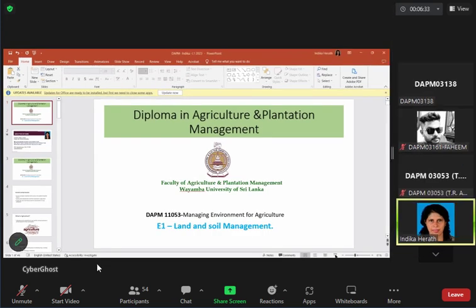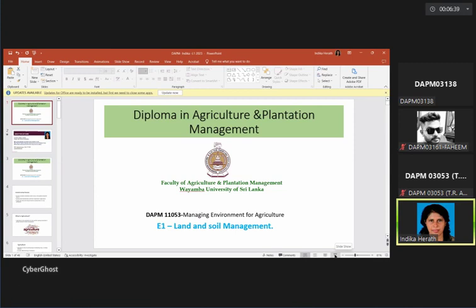So we are in the Diploma in Agriculture and Plantation Management, DAPM 11053, which is Managing Environment for Agriculture. Under this, we have E1, land, where E means environment, and section 1, land and soil management.